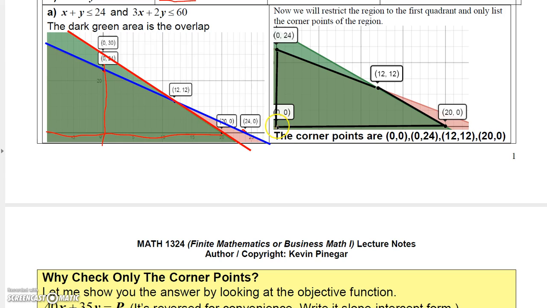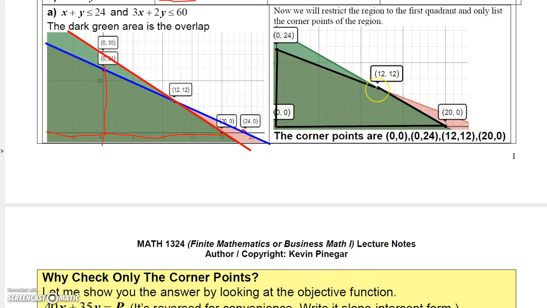So if you look at this, you know what three of these corner points are. 0, 0 is the corner point at the origin, and this is the point 0, 24 because we got that from over here, and then this point is 20, 0. We got that from over here.